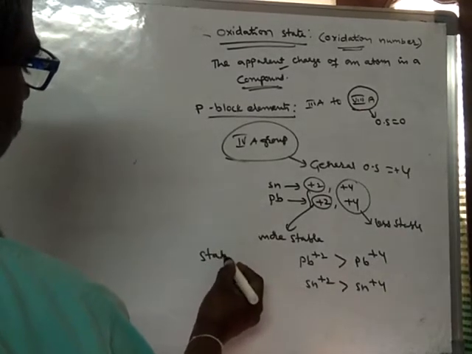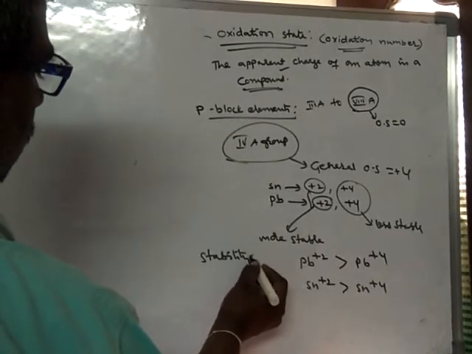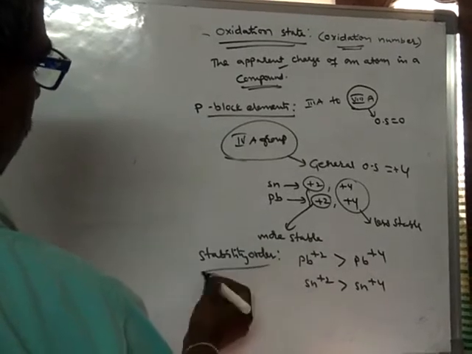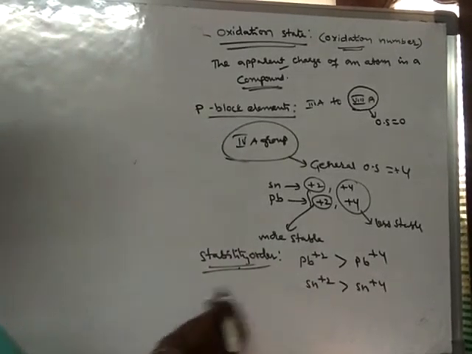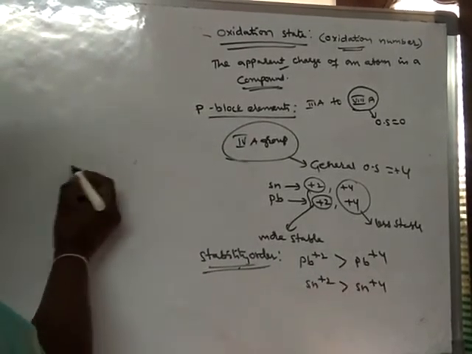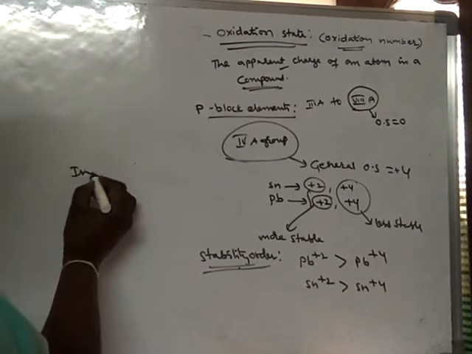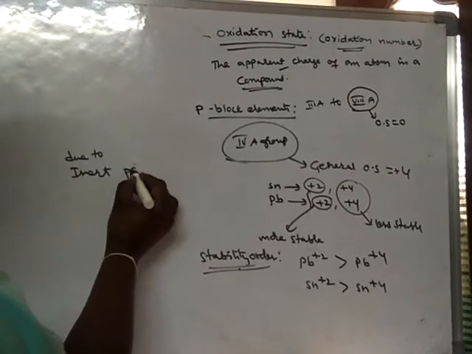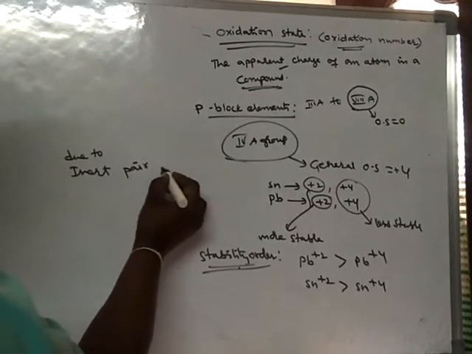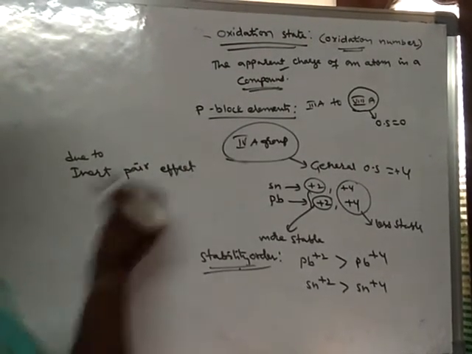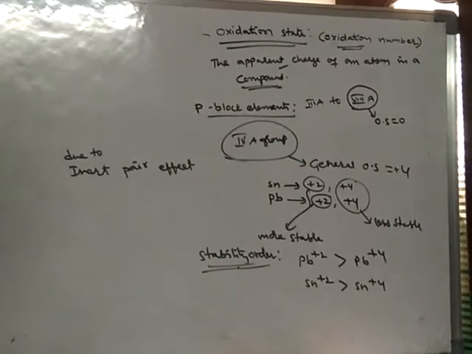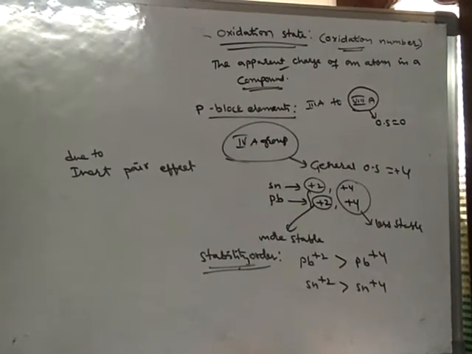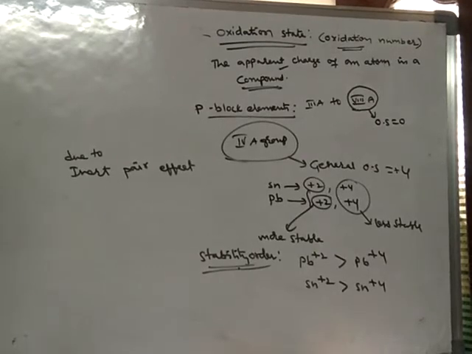Stability order. So what is the reason for this? Again, it is also the inert pair effect. Due to the inert pair effect, Pb +2 is more stable than Pb +4.